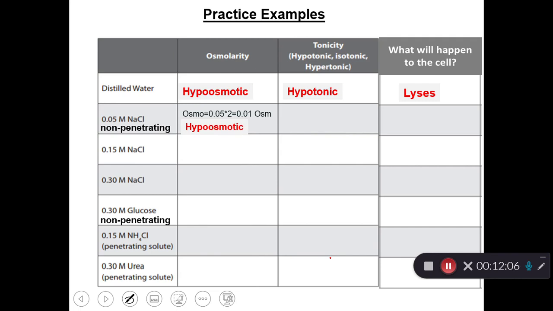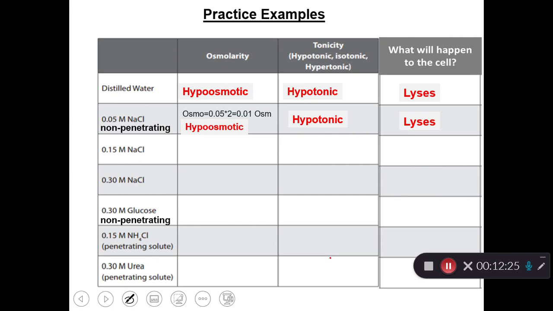And now the solution has less than 300 milliosmoles of non-penetrating solute. So to classify its tonicity, it is hypotonic. And what would happen to the cell? It would swell and lyse.